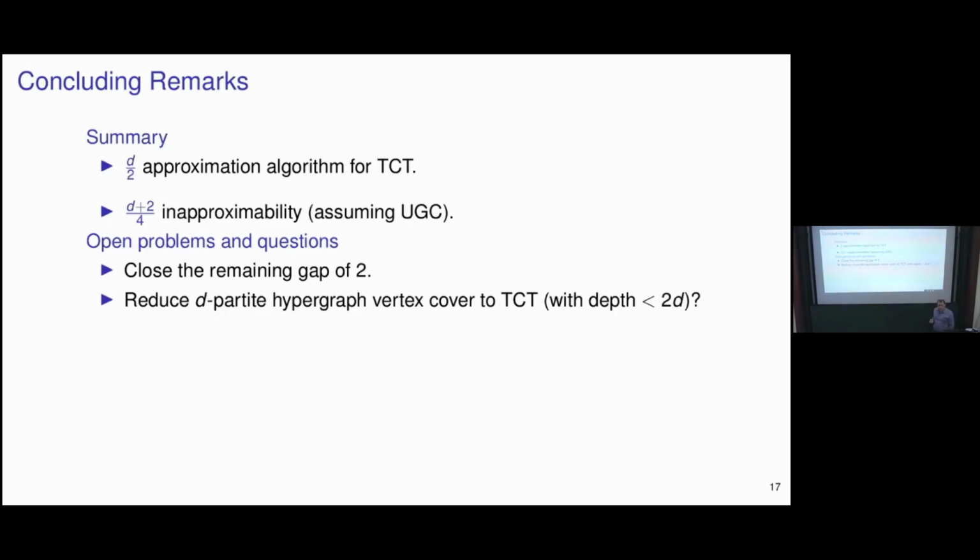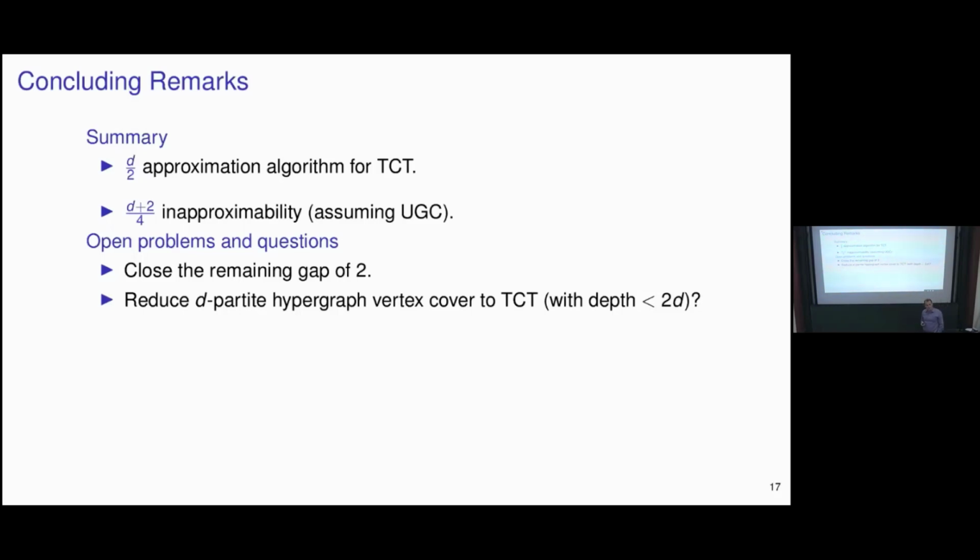So we have seen a d over 2 approximation, a non-approximability of d over 4, plus this factor 2, or this plus 2 is still there. And of course, an open question is, can we close this remaining gap?